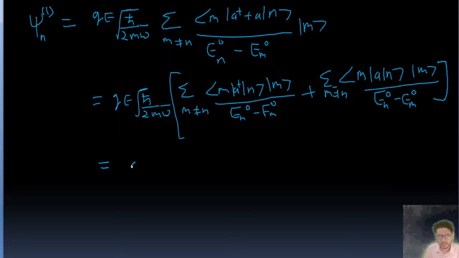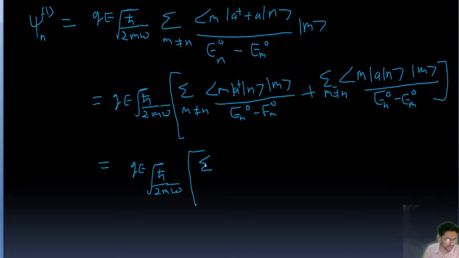So this value is going to be QE into root h cut upon 2m omega. So this value will solve it. So this is going to be sigma. Now a dagger will open it, right?